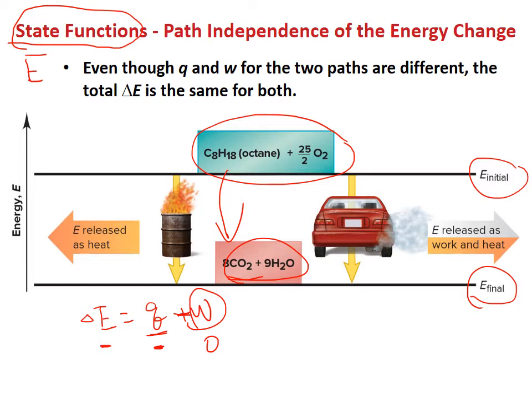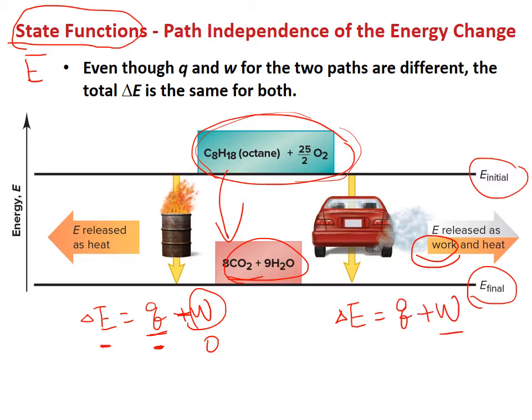Now, if we put these two reactants inside a car engine and let them burn, 30% of the energy will be transferred as work. The rest becomes heat to warm the car and exhaust gas and the surrounding. So delta E now equals Q plus W, but W is not 0.